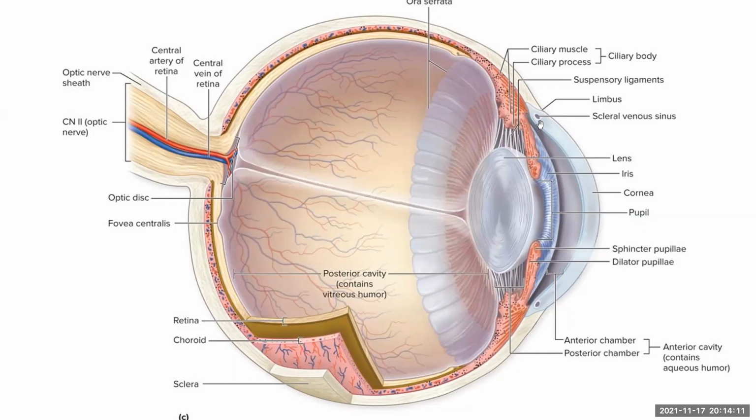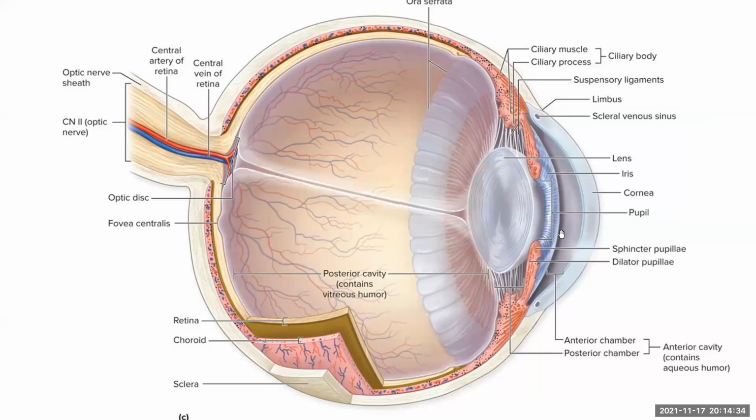Basically the purpose of that structure is that aqueous humor that's circulating through drains out there, so the pressure doesn't get too much in here. If you've ever heard of glaucoma, that's when you get an increase in pressure in your eye because you're producing too much aqueous humor and it might not be able to drain out of here.